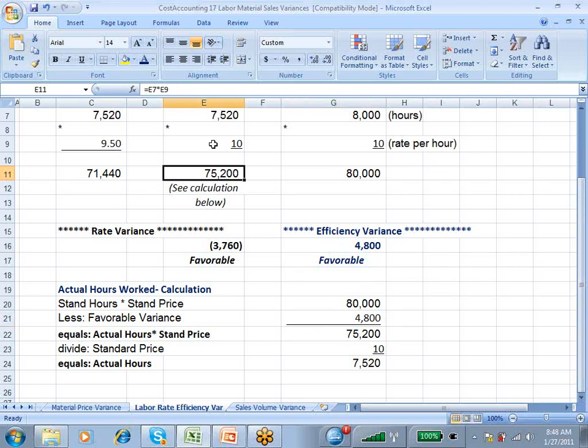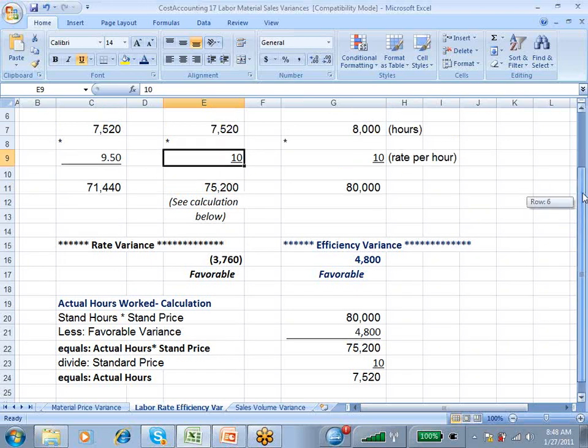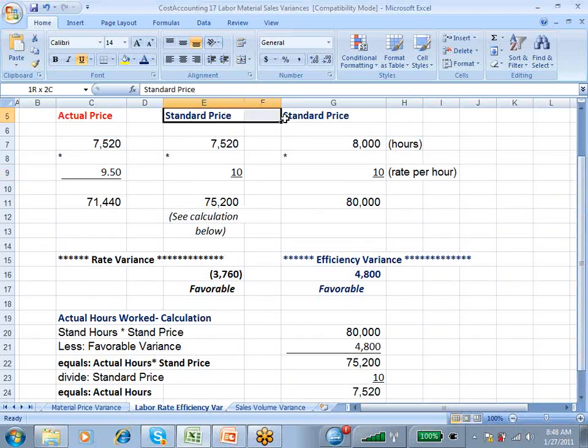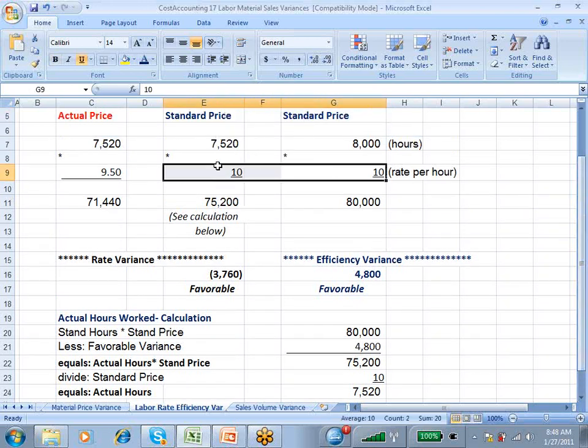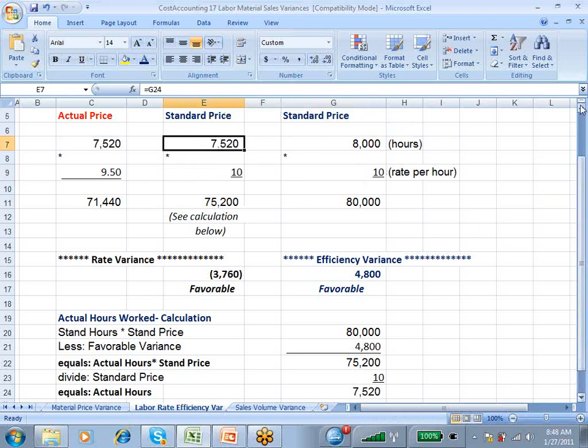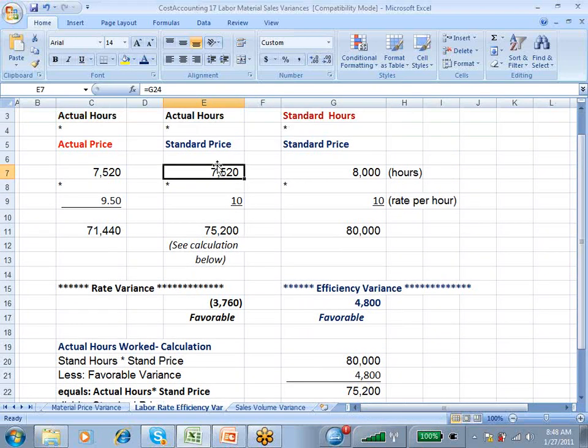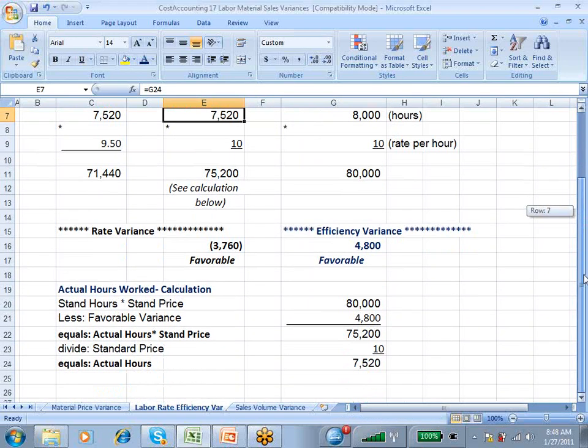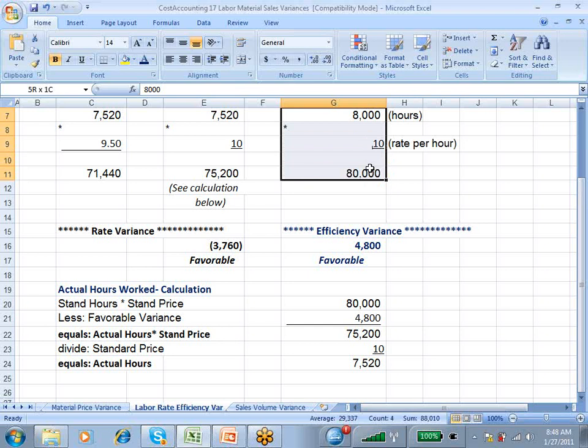If we divide that by the standard price of 10, we can back into the actual hours figure. So what I have in blue in the heading is, how do I figure out actual hours if I'm not given the whole chart? I know the standard hours and rates.